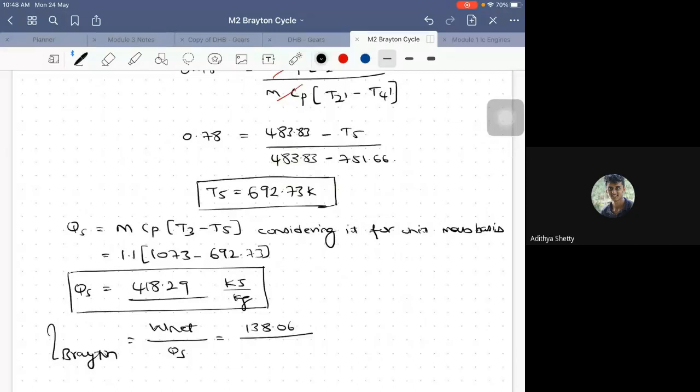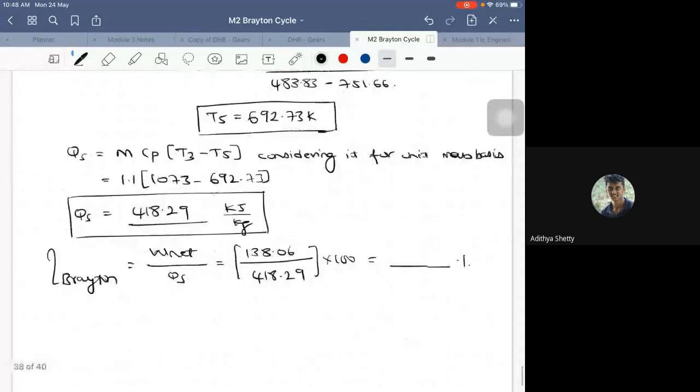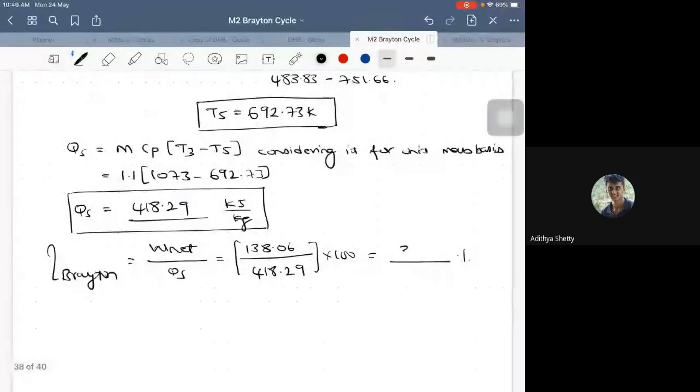Remember, when you are substituting this, both should be of the same units, which is kilojoules per kg. Now, if you multiply by 100, you'll get it in percentage. So what is the value? 33%.